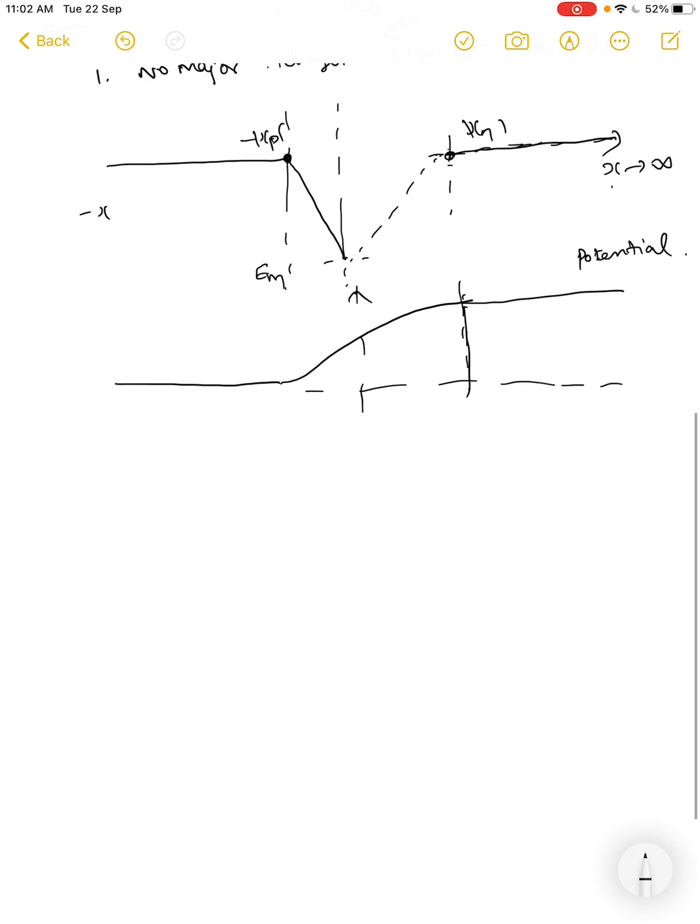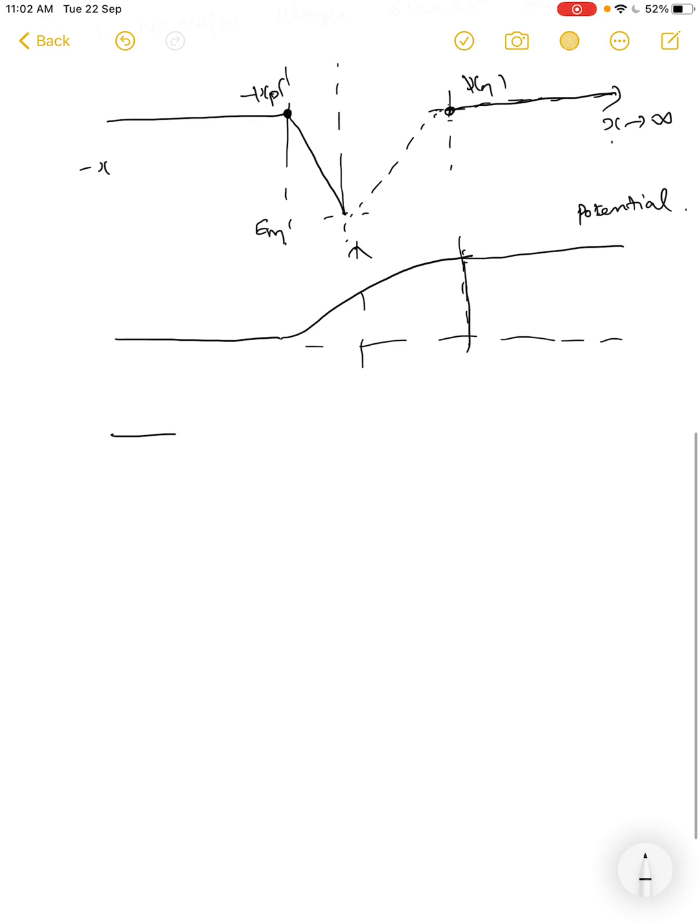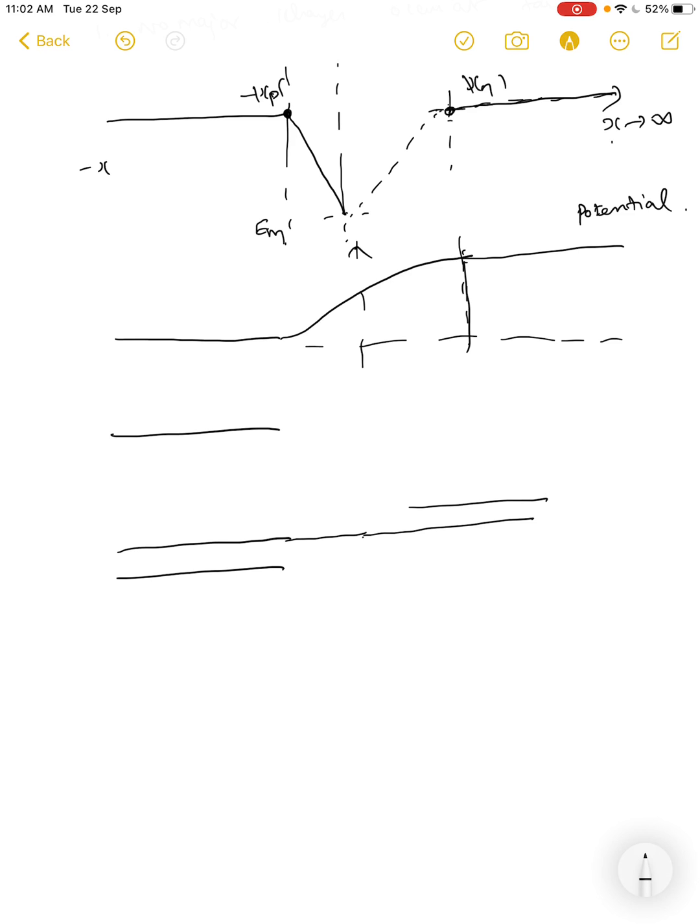And what happens to the band structure? Something like this, right? You have a p-type material here, and because we assume that this junction is not connected externally, we think that it has to have this kind of a way the Fermi levels match, right?